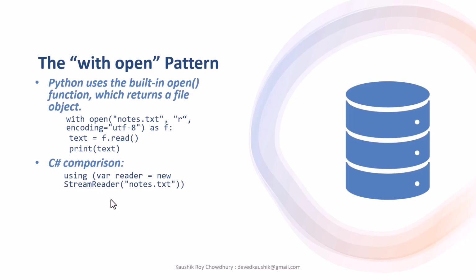Using var reader equals a new StreamReader initialized with notes.txt, which is a text file, which I will show you in the demo, and then text, which is a string, you call the ReadToEnd method and Console.WriteLine puts the text.